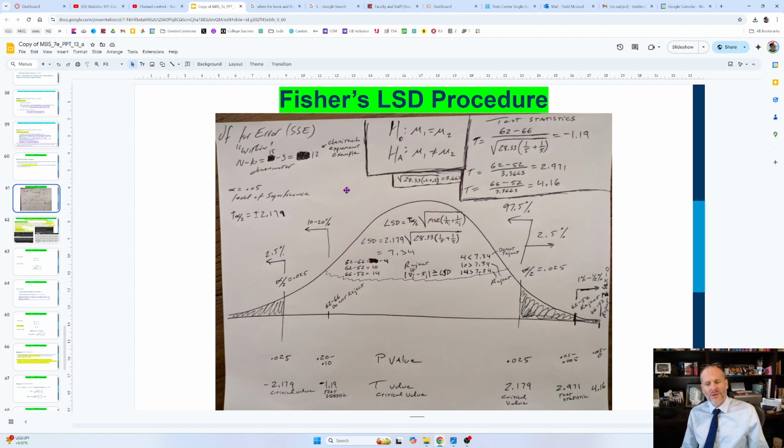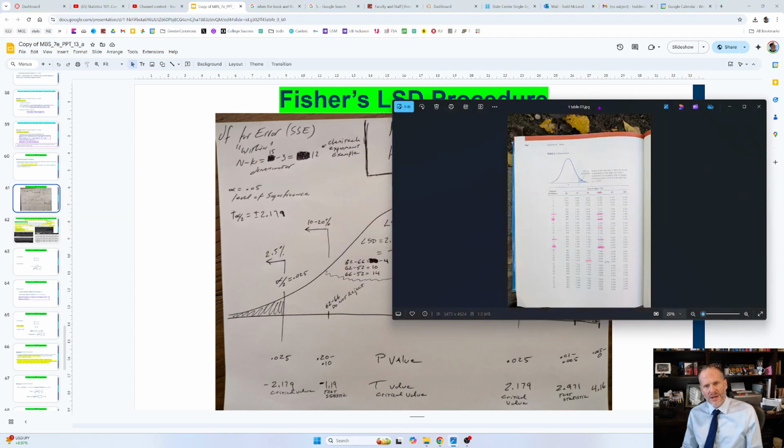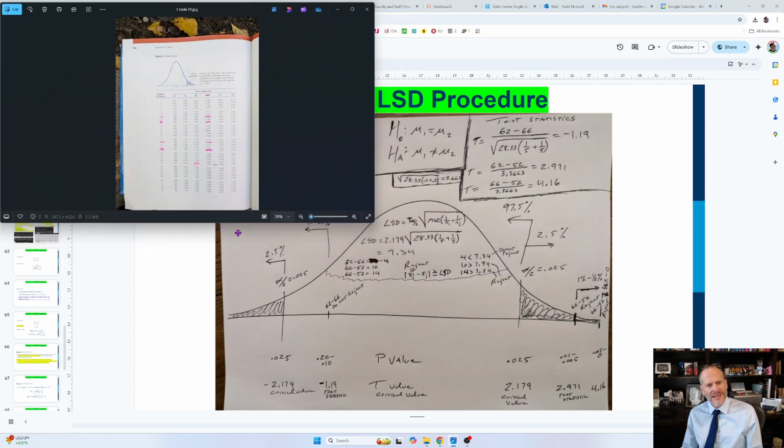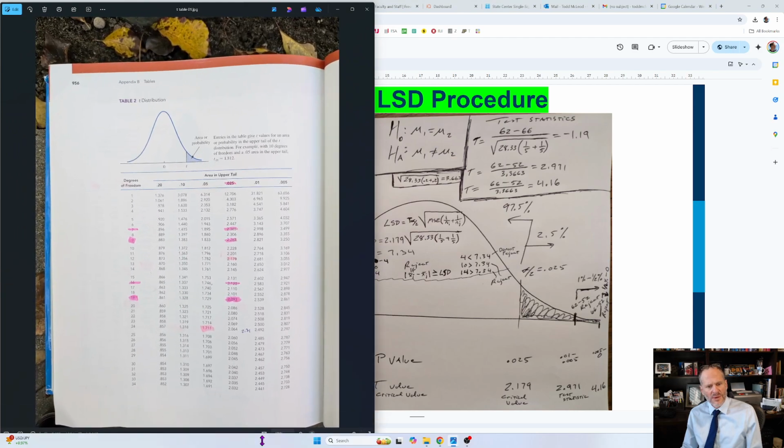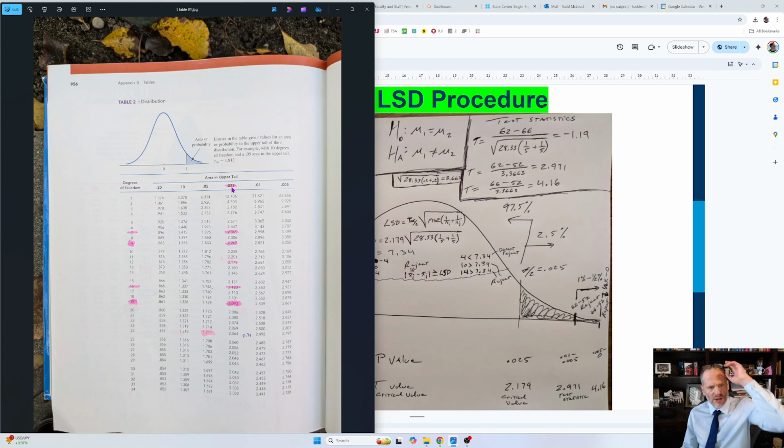Now that we know our degrees of freedom, and we know that we're at the 0.05 level of significance, and we know that this is a two-tailed test, to either reject or not reject the null hypothesis, and we know that up here is our 0.025, knowing that we have 12 degrees of freedom. Here's 0.025.